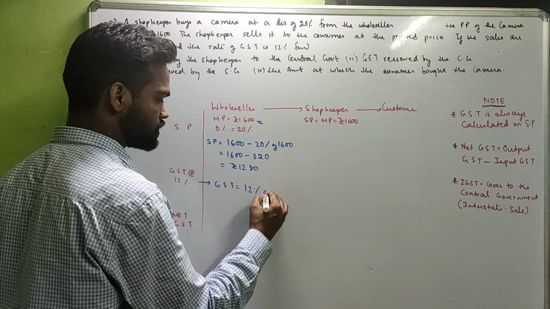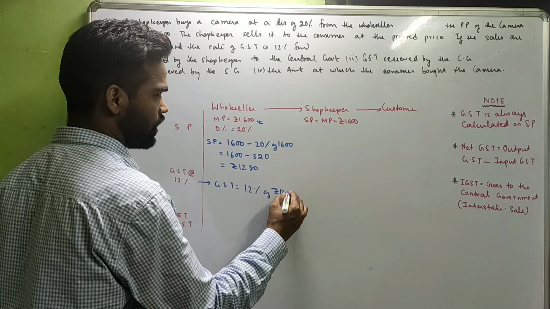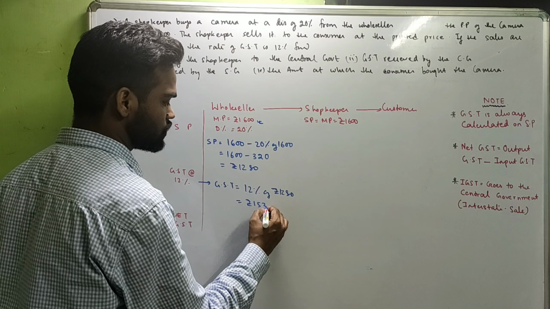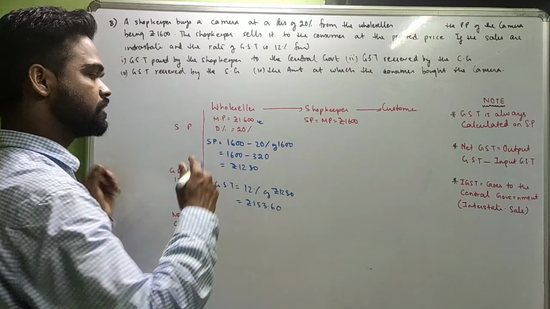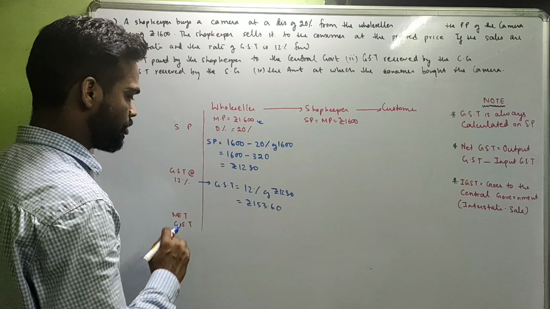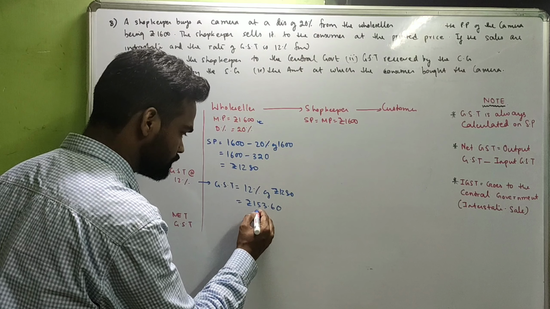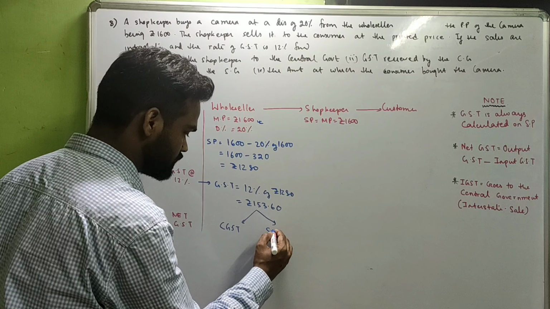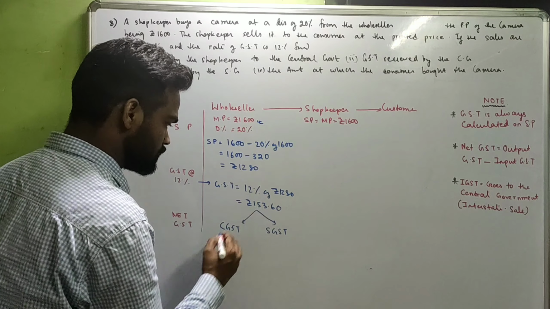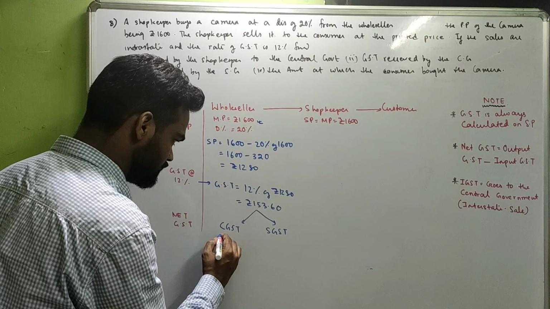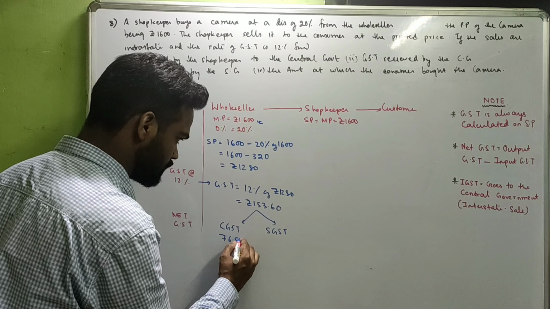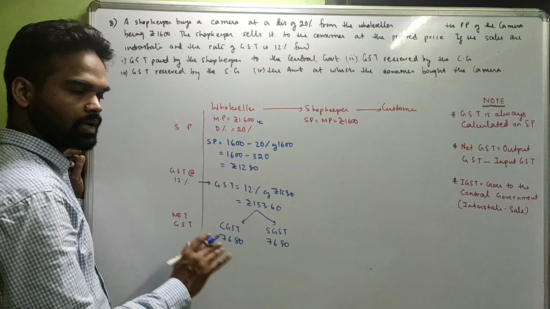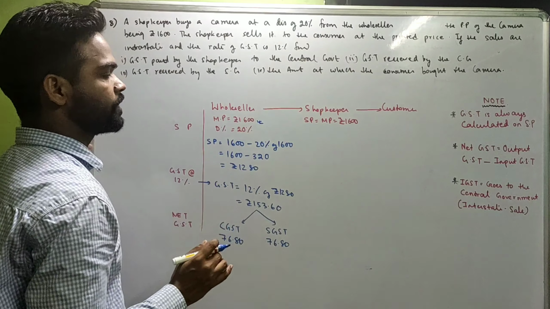So it will be 12% of rupees 1280, which is rupees 153.60. Am I clear? And this will be divided into two parts, CGST and SGST. So half of this will be 76.80, 76.80. Am I clear?